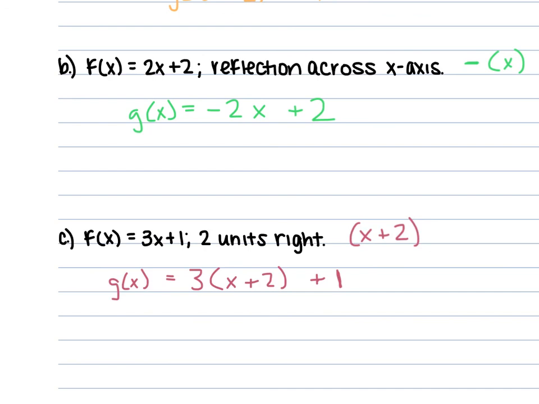So we just replace the x that we have with our x plus 2. Oh, we're moving to the right, so this is going to be minus 2. So it's x minus 2.